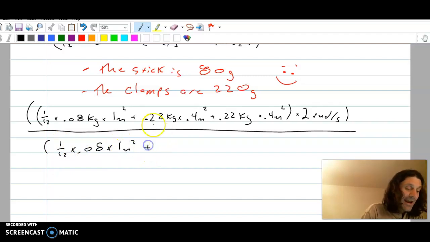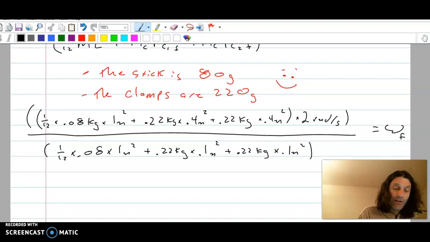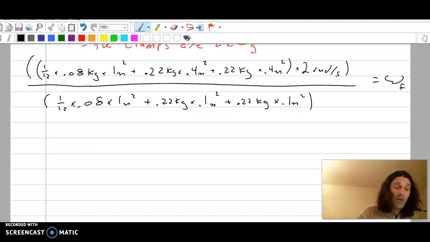To that, I'm going to add the mass, 0.22 kg, times their new distance, 0.1 meter, squared. And then I'm going to add that again, 0.22 kg times 0.1 meter squared. As long as that's in parentheses down there, and the numerator has its own parentheses, that will be my omega F, the final speed at which that sucker's going in circles.